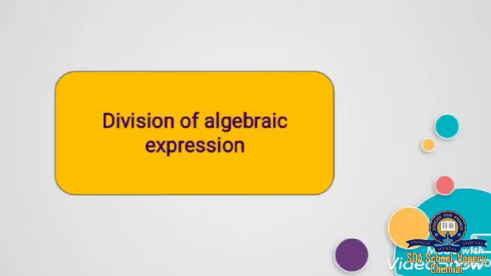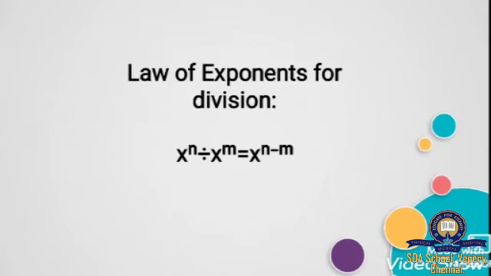So we are going to see division of algebraic expressions. Let us recall that in the exponents chapter itself we learnt a law of exponents for division. In the law of exponents we write x raised to the power n divided by x power m is equal to x raised to the power n minus m.